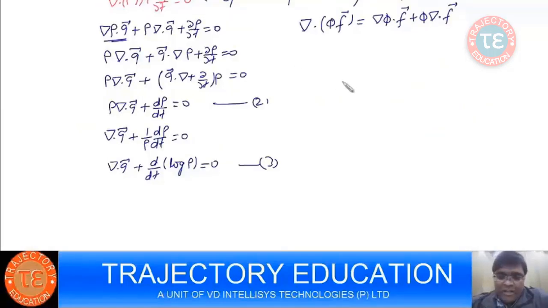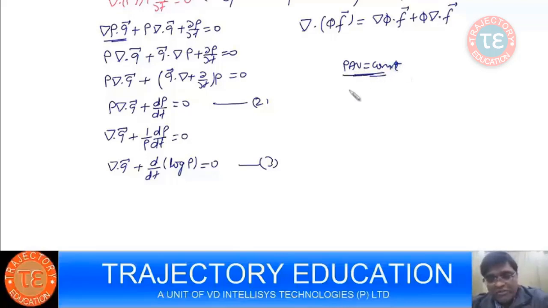You might have read an expression at 10 plus 2 level. If I remember, it is rho into A into V is constant: density into area into velocity is constant. I hope you remember this.